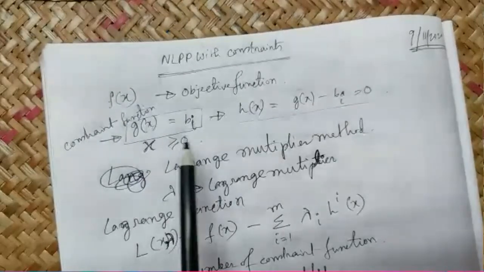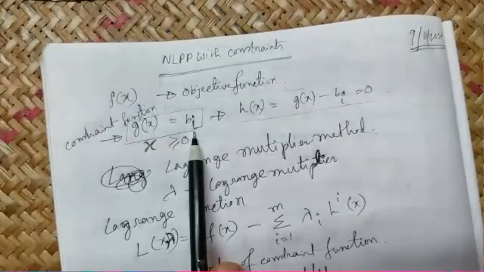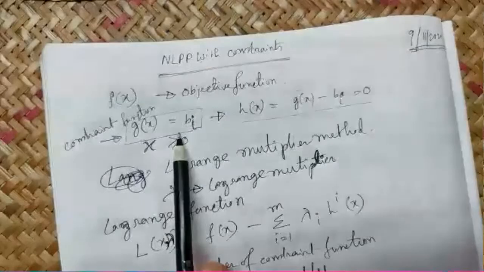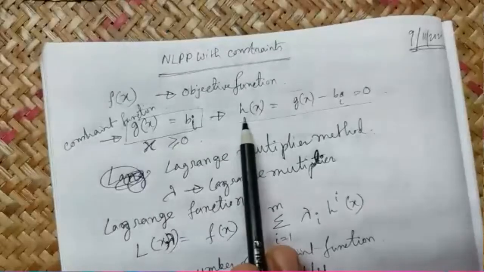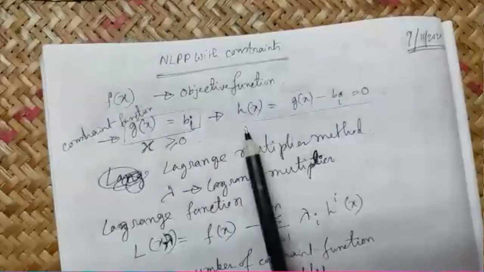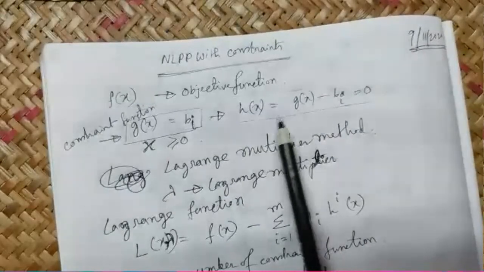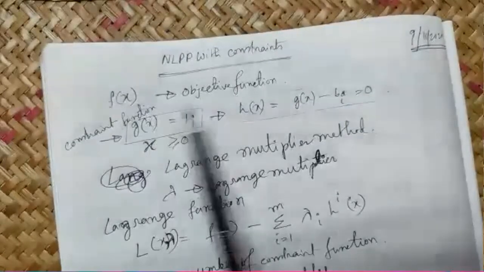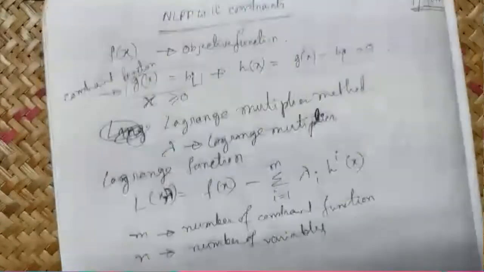So we will convert this g(x) equal to b_i into another function which will be called h(x), and h(x) will be g(x) minus b_i, which will be equal to 0. So we will remember this as h(x) is equal to g(x) minus b_i. f(x) is our objective function. Now we will apply the Lagrange multiplier method.